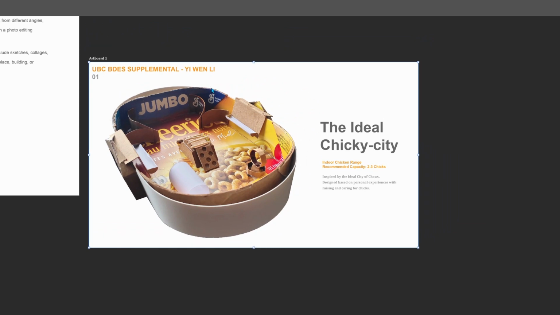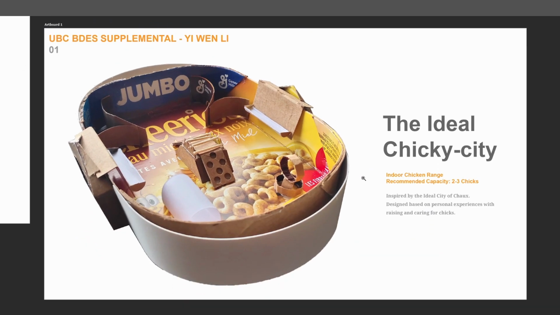So here's my mini domicile, and I called it the Ideal Chicky City, based on the ideal city of show. You can see it's the exact same format as the lamp. I decided to keep it similar so it is recognizable to the admissions officer that, hey, Alex did this too.